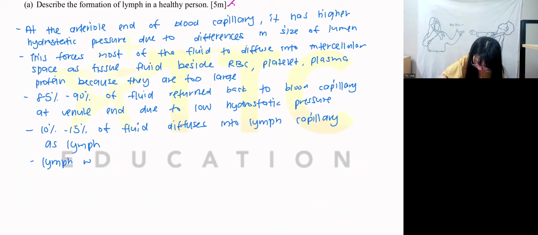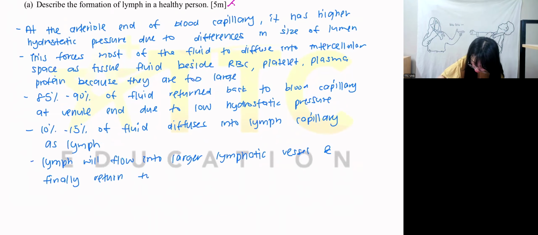Next, lymph will flow into larger lymphatic vessel and finally return to blood circulatory system.